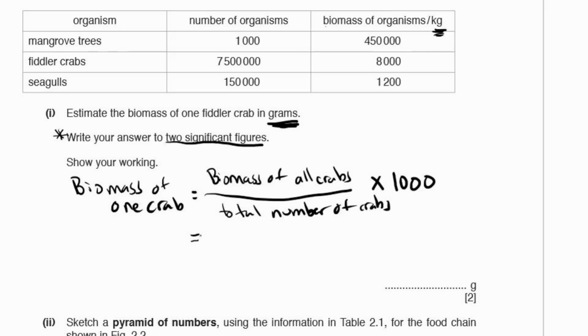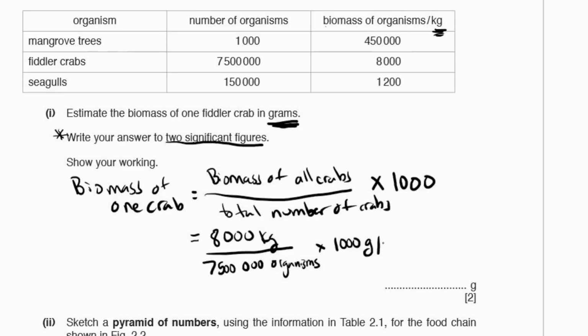So we have 8,000 kilograms divided by 7,500,000 organisms times 1,000 grams per kilogram. Okay, we cross out the kilograms. So that equals 1.06666666. So 1.07 grams per organism.